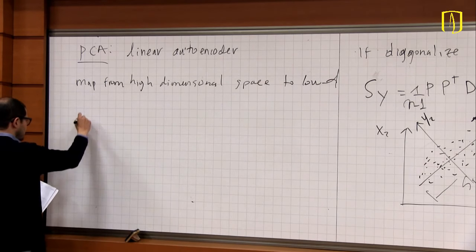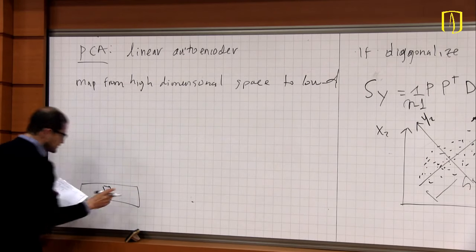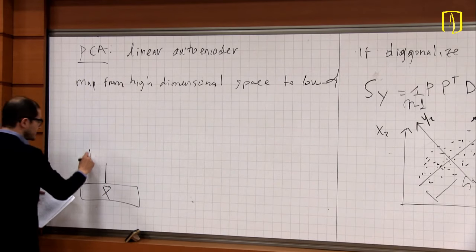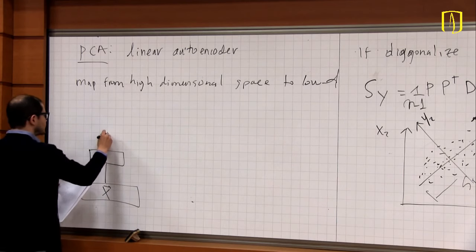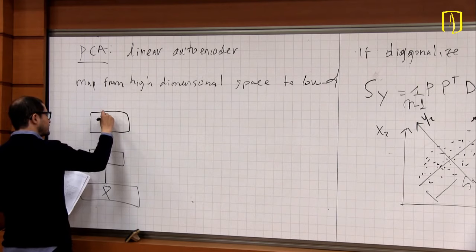You start from, say, the original space where your vectors live. You apply some transformation, you get to a lower dimensional space, and then you try to go back to this X space.